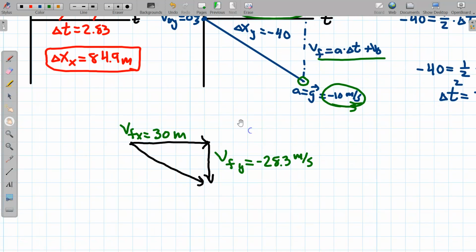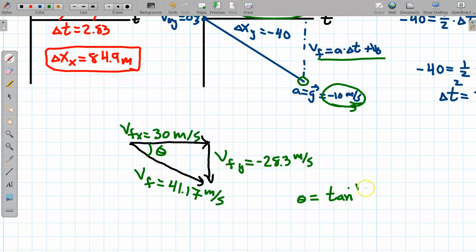Now, I can use the Pythagorean theorem to figure out the hypotenuse of that reconstructed triangle. And I've already done that. It's equal to 41.17 meters per second. Ooh, my units are sloppy today. To figure out the angle, always with respect to the horizontal, theta is going to equal the inverse tangent of opposite over adjacent.